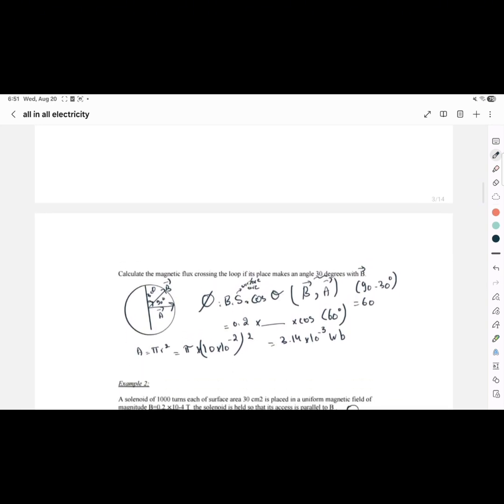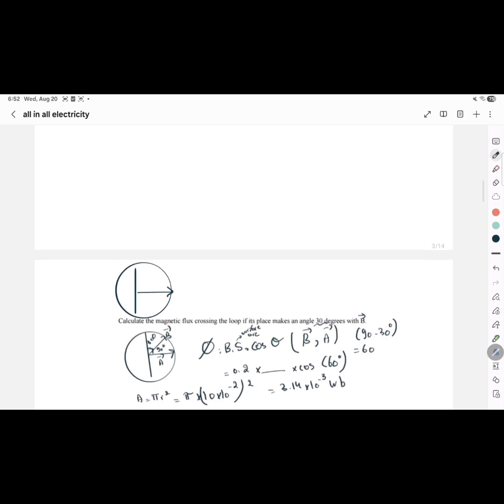So, first of all, we draw the normal vector. Then we draw a line, and here's a circle. They told us that B, the magnetic field, is in the positive direction.